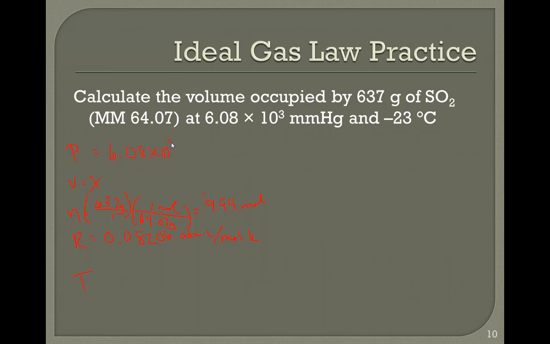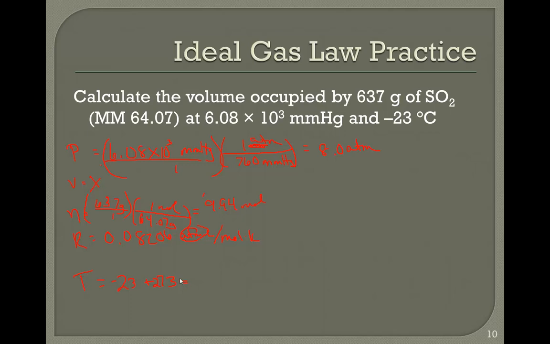We need it in atmospheres because that's what our units are in for R. That is equal to 8 atm. And then finally, temperature is negative 23 plus 273, which is equal to 250 kelvin.